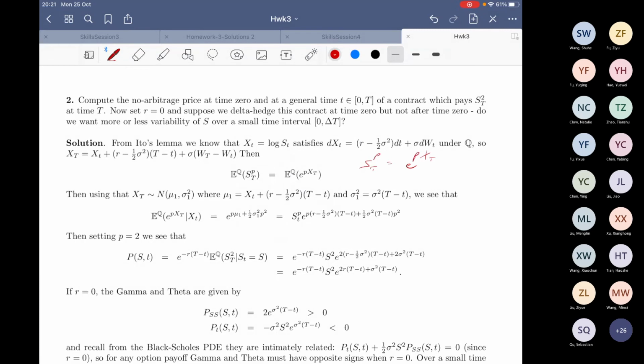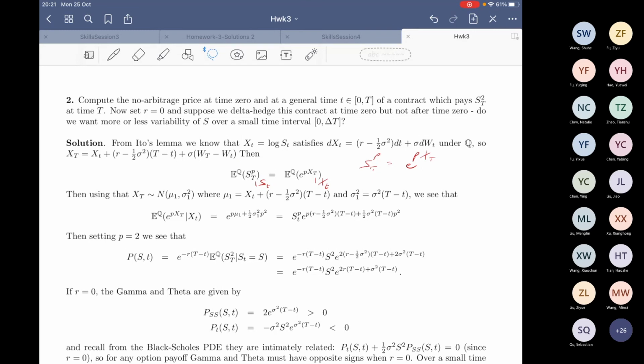So that's trivial, but what I also want to be able to say is that this is true given S_t and given X_t, because having the knowledge of S_t is the same as having the knowledge of X_t, because if you've got one, you can get to the other by either taking the log or exponentiating. So this is true, and the conditioning version of that is also true.